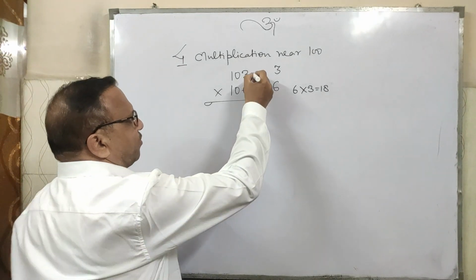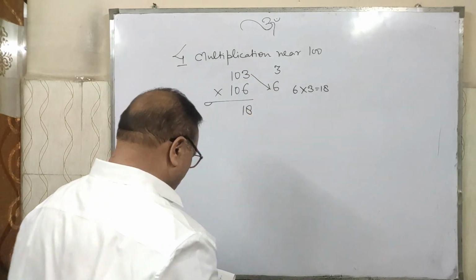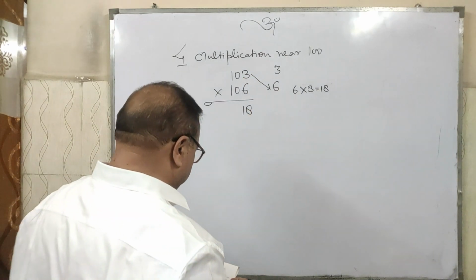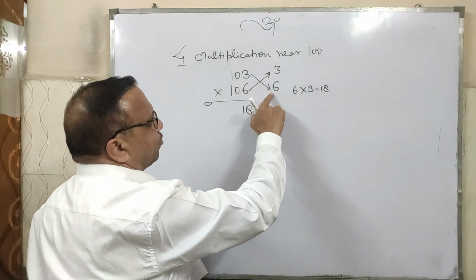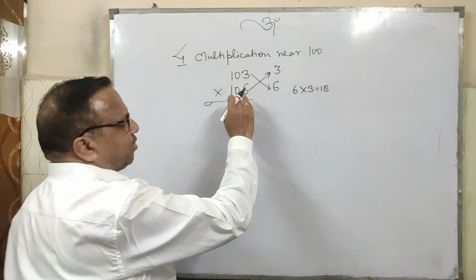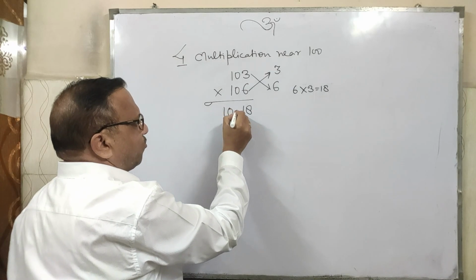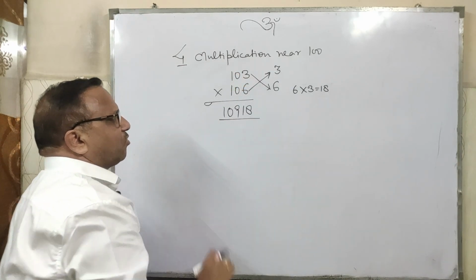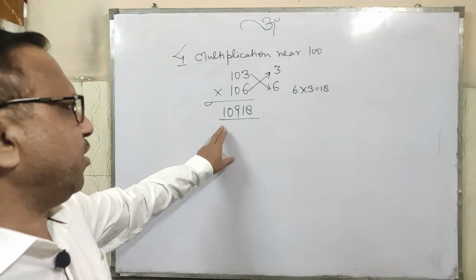Now you take a difference and just add it. 103 plus 6, how much? 109. Or either you take this one, 106 plus 3, 109. You write 109. The multiplication of 103 into 106 is 10918.